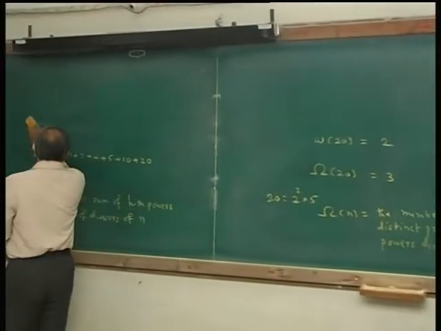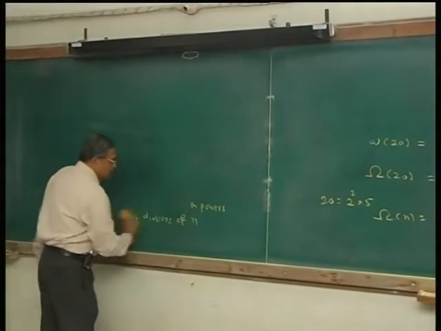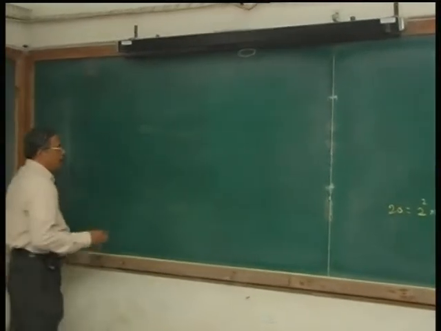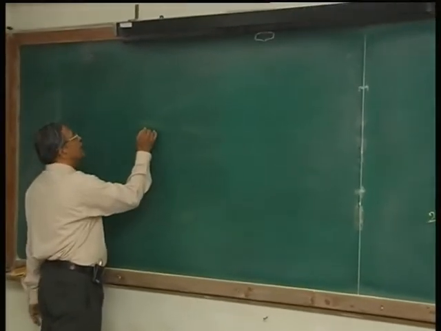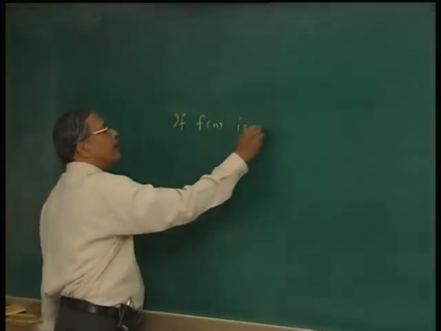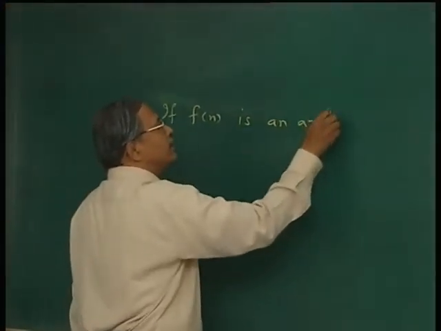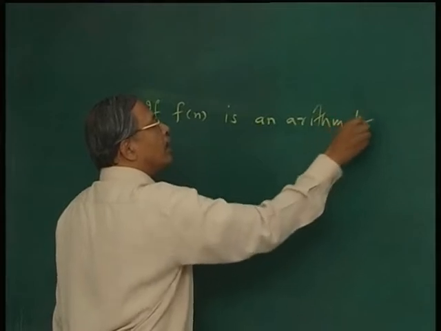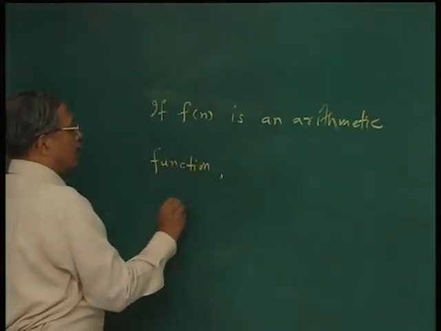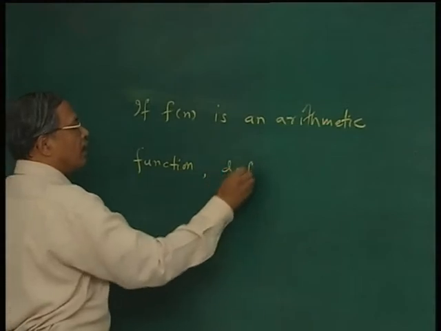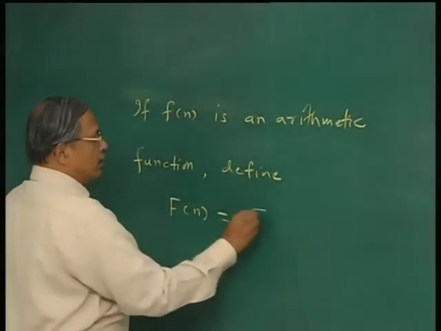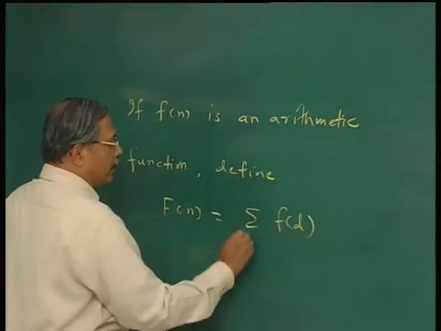We can also construct new arithmetic functions from old ones, and this can be done like this. If f(n) is an arithmetic function, define capital F(n) equal to summation f(d), d divides n.